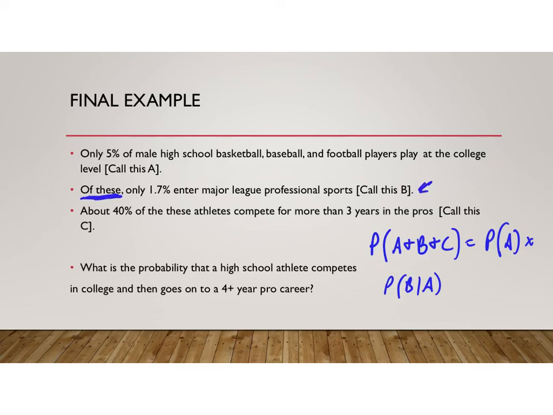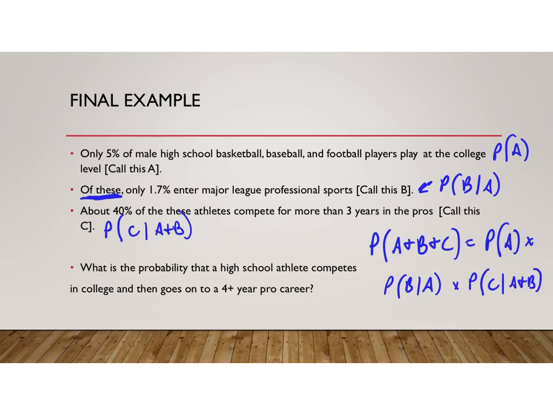This is the probability of B given A, because it's not 1.7% of everybody who makes professional sports. It's 1.7% of the high school players who played in college. Now the 40% here is C given A and B. So that's the third thing: the probability of C given A and B.